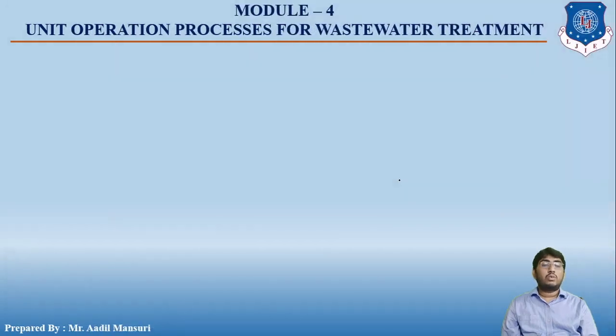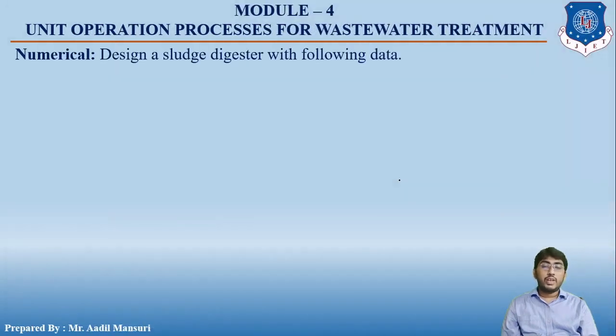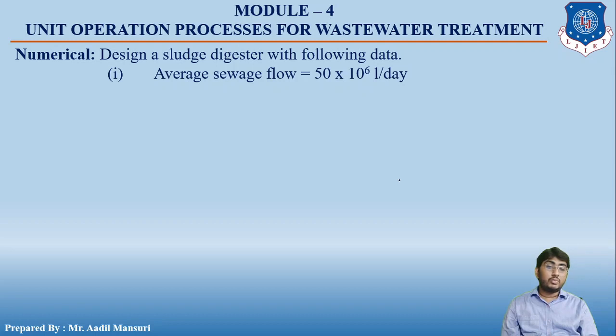Okay, so let us now move towards the numerical. The data says design a sludge digester with the following data. Average sewage flow they have given is 50 into 10 to the power 6 liter per day, that is 50 million liters per day.